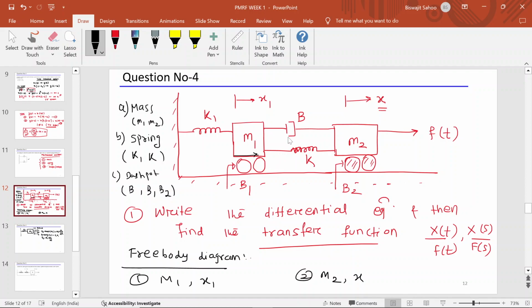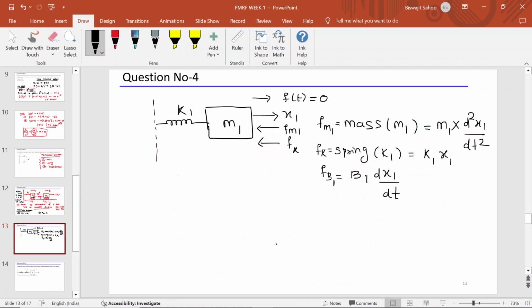So one more dashpot frictional force appears here. Let me call it f of b, and that force depends on your velocity, so it is b times d by dt of the displacement.